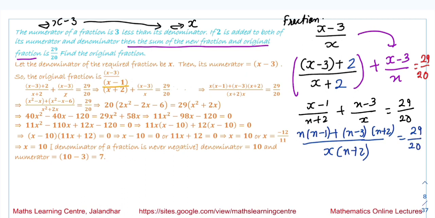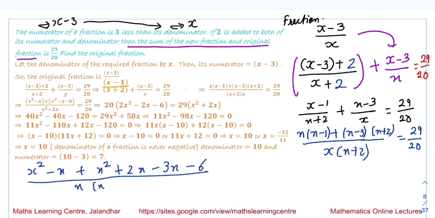Now on solving this, we get (x² - x + x² + 2x - 3x - 6)/(x(x + 2)) = 29/20.